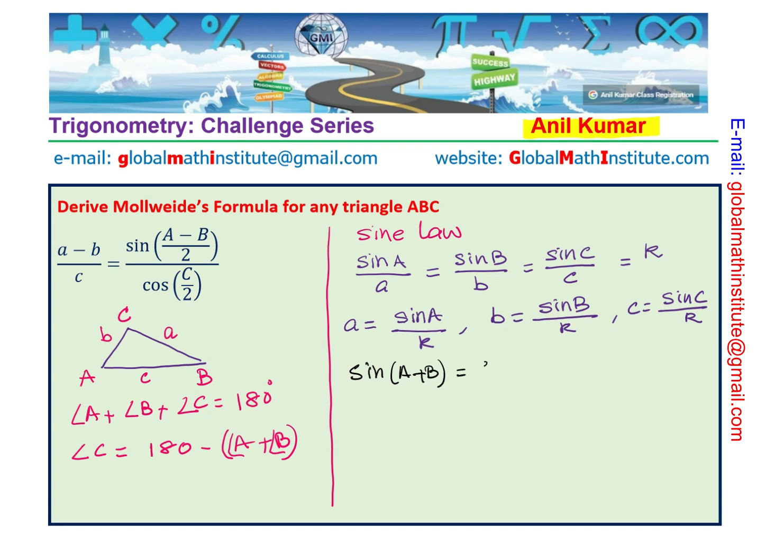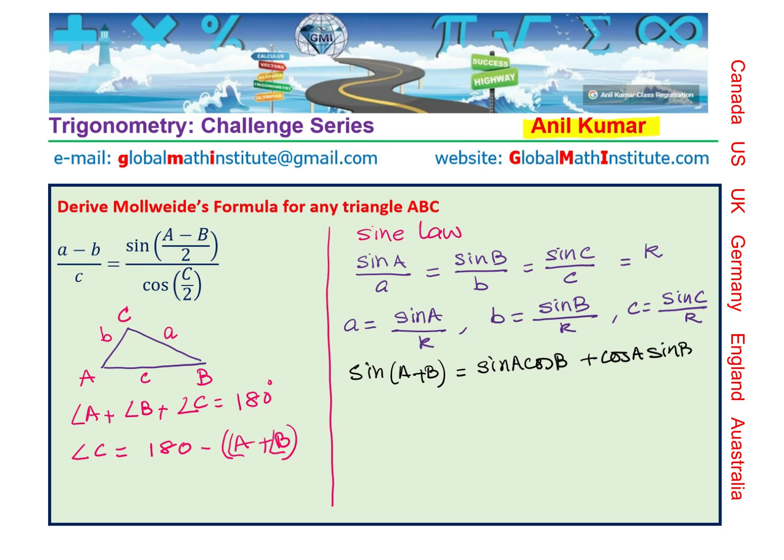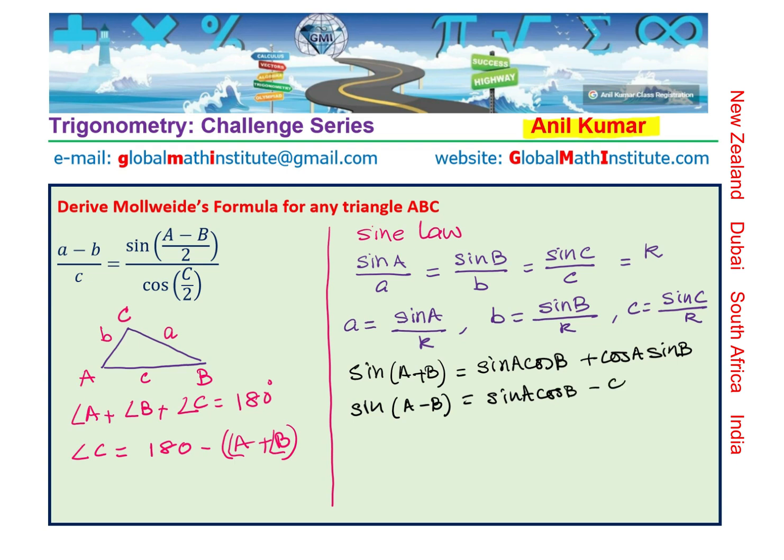Sine (A plus B) is sine A cos B plus cos A sine B. And sine (A minus B) is sine A cos B minus cos A sine B.